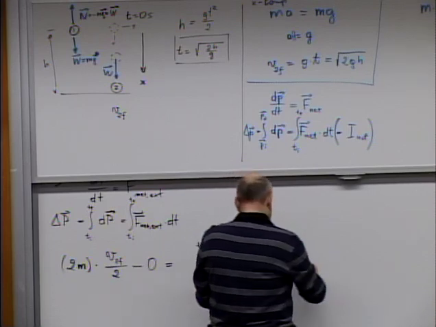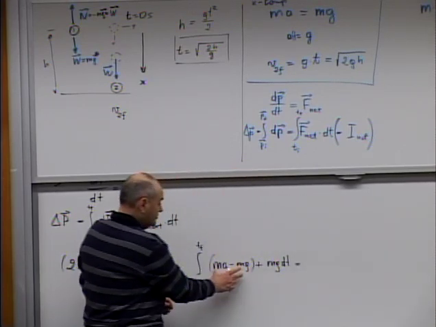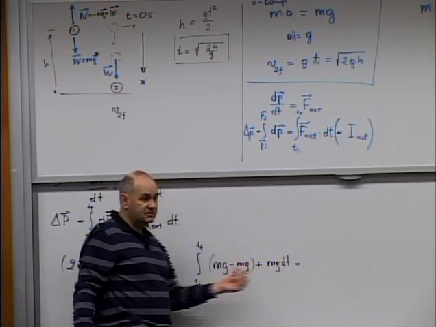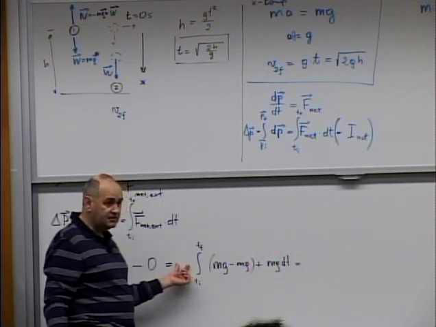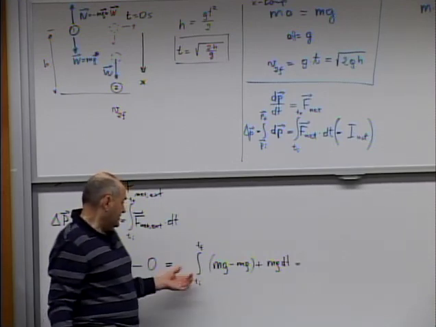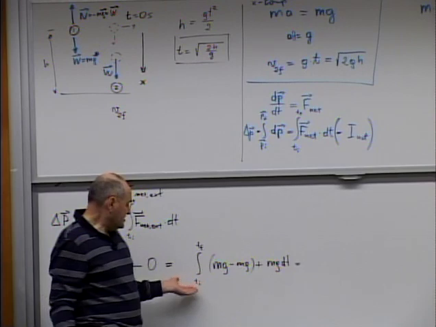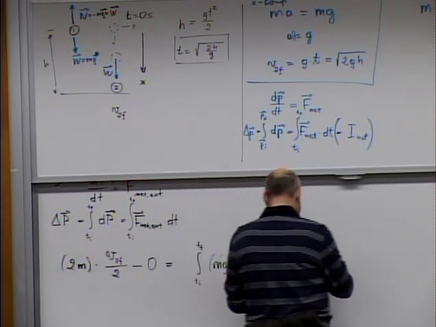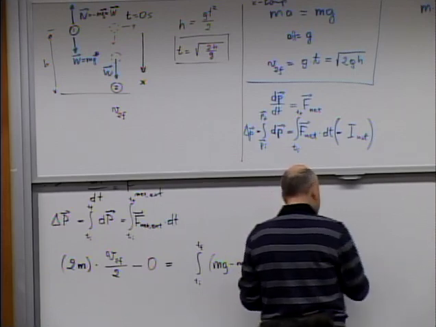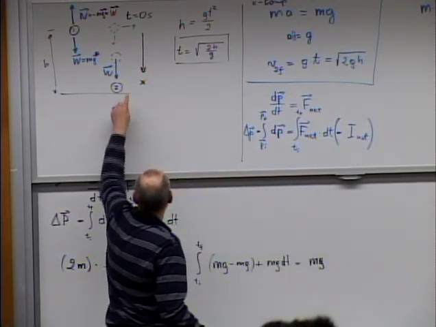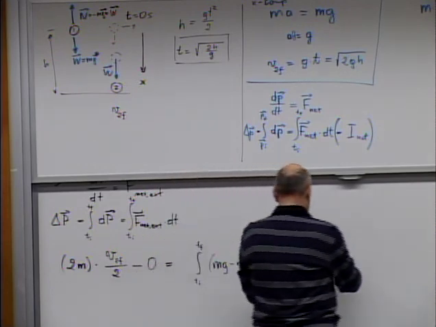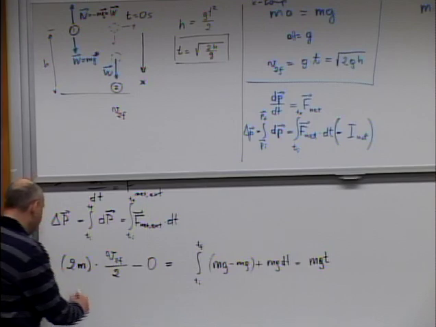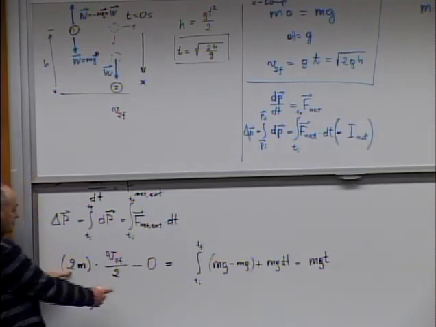dt. Let's integrate that. So this is 0. Here we have mg. mg is a constant, so I can take it in front of the integral and integrate just dt. So it will be the change in time, mg times the change in time. It was t minus 0, so it will be t. Now I see that 2 and 2 cancel here.